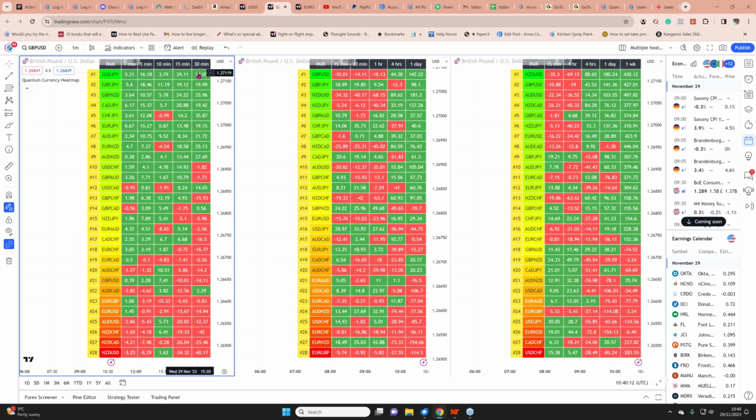And what we've done with the heat map is to convert that into this ranking so that on a 30-minute time horizon, whatever is going on, this value here will carry more weight. The 15-minute will carry slightly less weight, but all of that is encapsulated in the ranking for that particular currency pair.